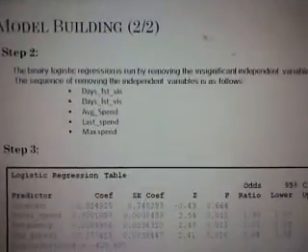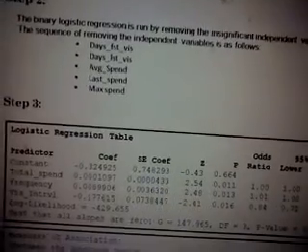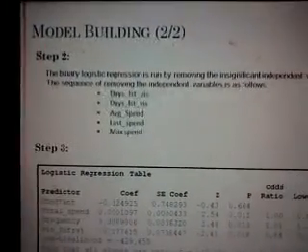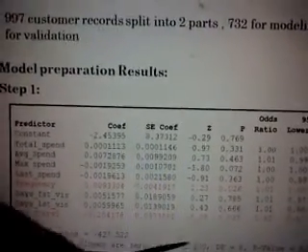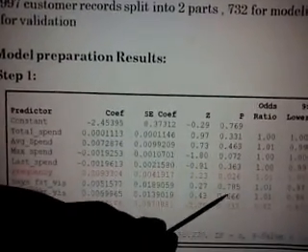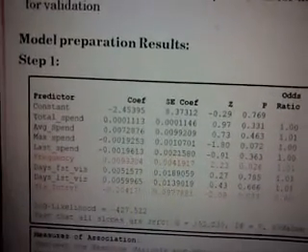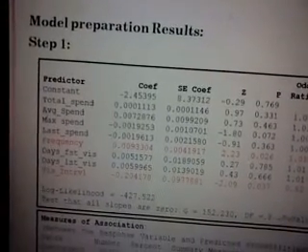Step 2 involved running the logistic regression a number of times, eliminating one independent variable at a time. In the first stage, with all 8 independent variables, day's first visit had 0.785, which is the highest. So we eliminated that and ran the logistic regression for the other 7 variables.